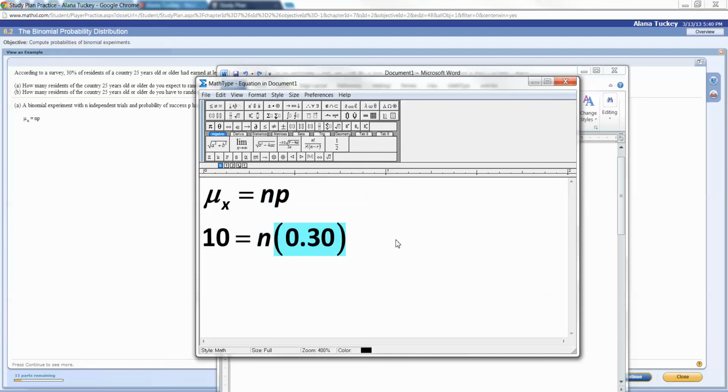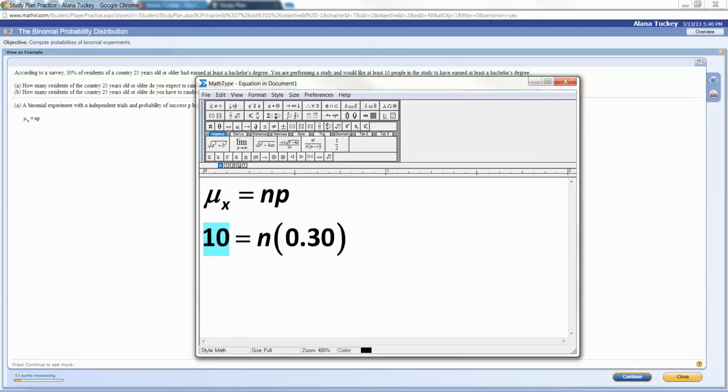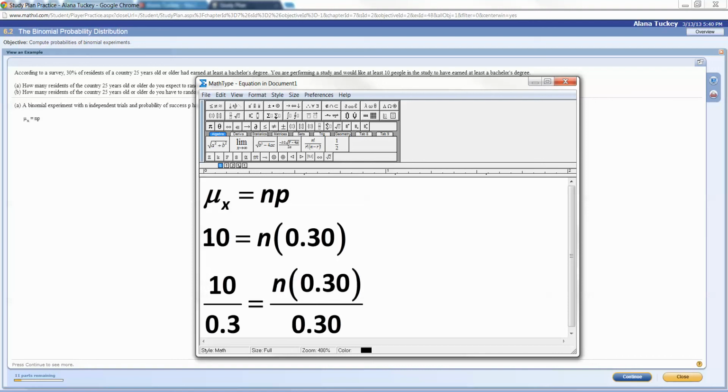So you say, okay, if p is 0.30 and I want my expectation to be 10 people because I want at least 10, then I need to poll at least, all right, now to get n by itself, we would divide both sides by 0.30.